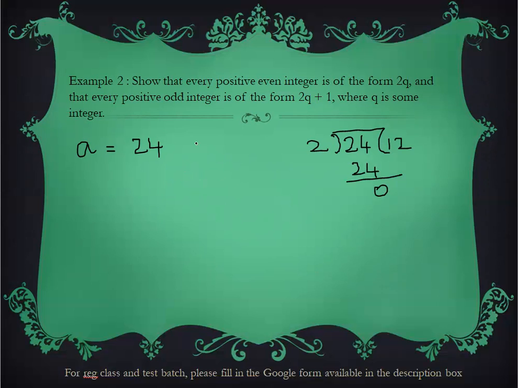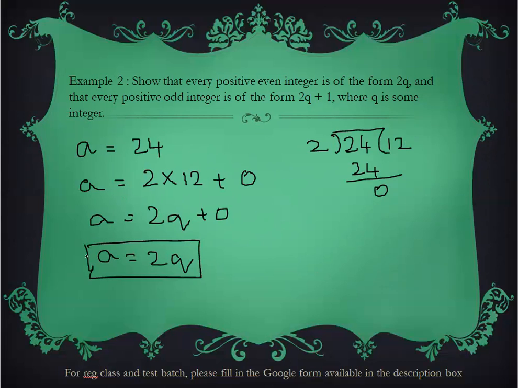So now 24 can be written as 2 times 12 plus 0. Now 2 is the divisor, and 12 is the quotient, right? And a is equal to 2q plus 0. So a is equal to 2q. So for any positive even integer, it gives a is equal to 2q.